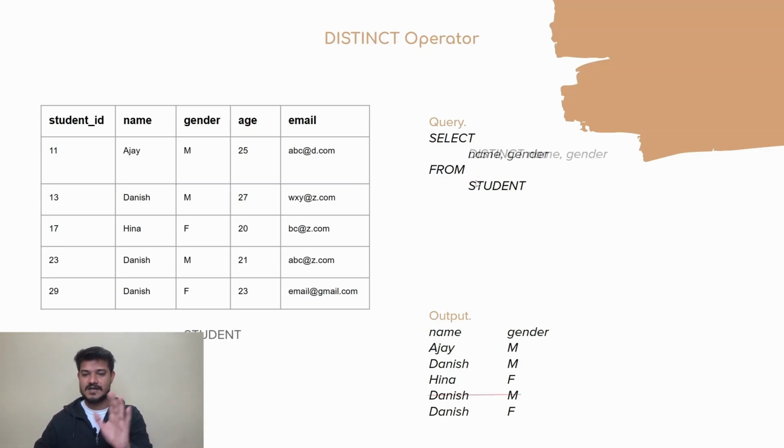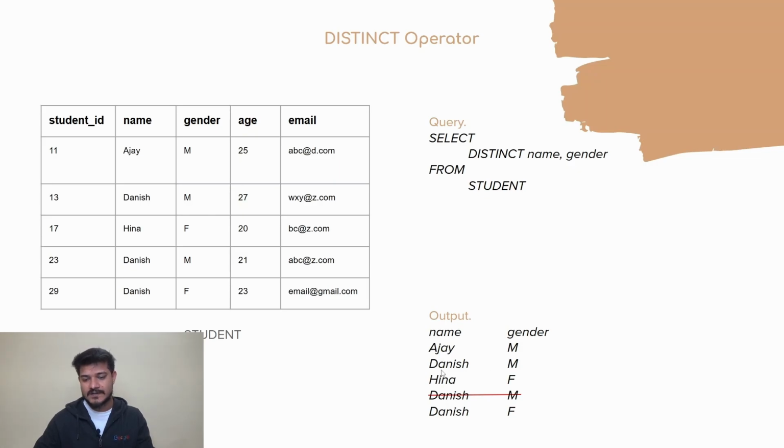Let's say now we want to apply the distinct operator. If you think it works like this: if 2 rows are the same, it eliminates the other one. Now when it's going to compare, it will compare the whole thing, name and gender both, for equality. For example, Danish is coming 3 times, but not all these 3 values are repeated.